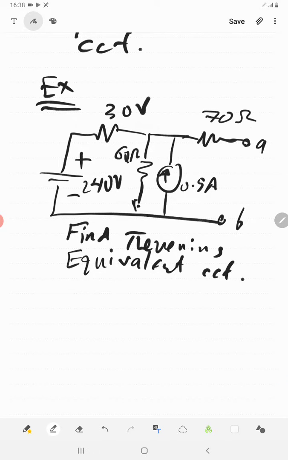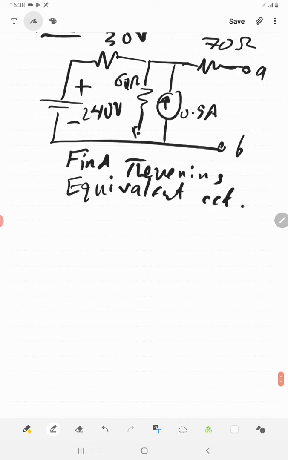Okay? Now we have two sources, one voltage source and one current source. First, we want to find the open circuit voltage. Based on KVL and KCL, we can determine that. Let's look at it. Let's assume this is the 70 ohms here.